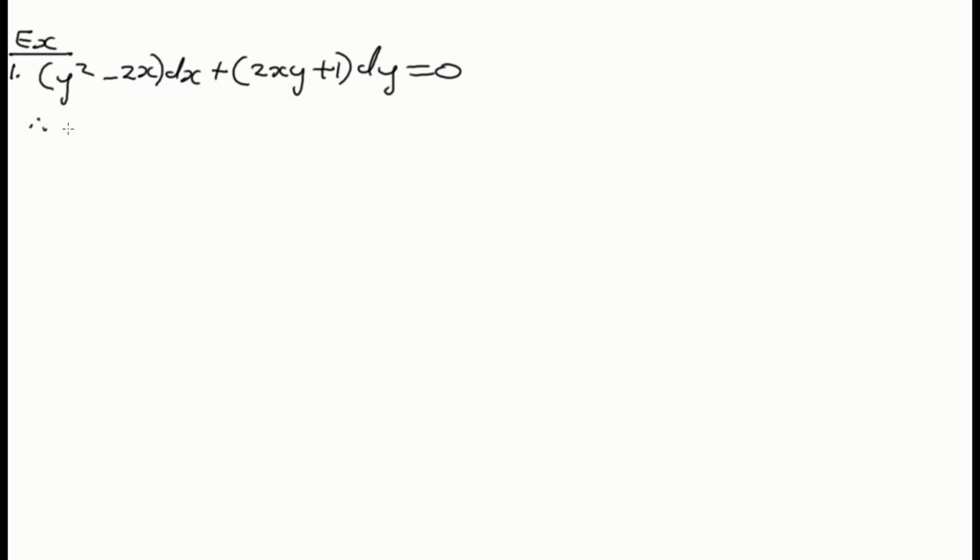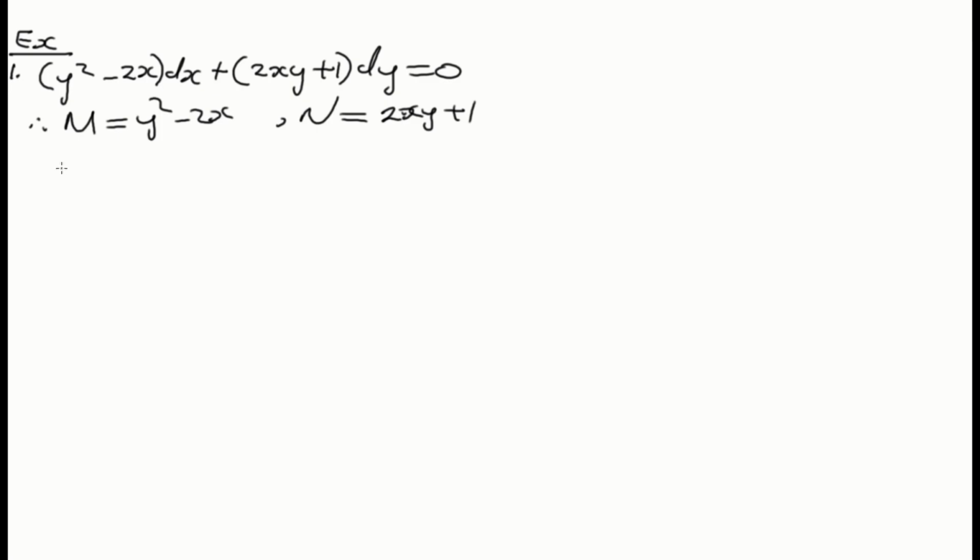So the first thing that we have to do here, we have to perform the test, check if we have an exact differential. Our m function is equal to y squared minus 2x. Our n function, on the dy side, is equal to 2xy plus 1.